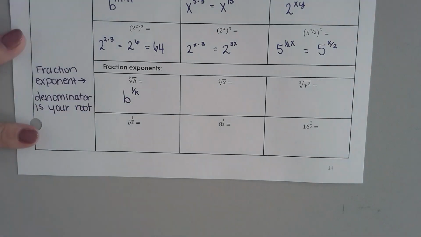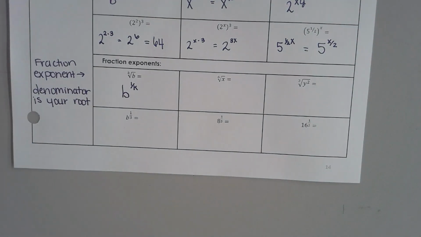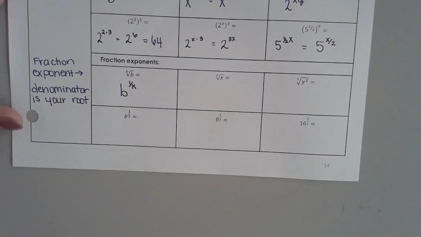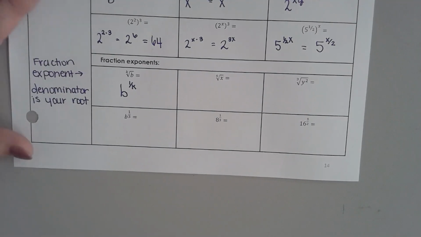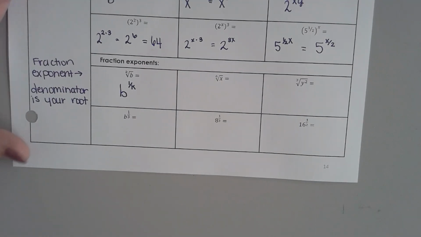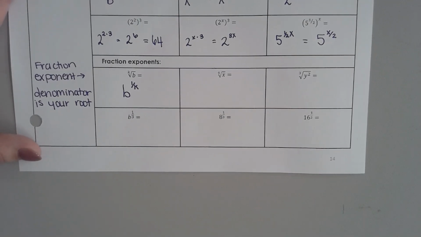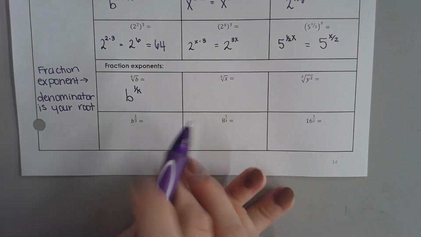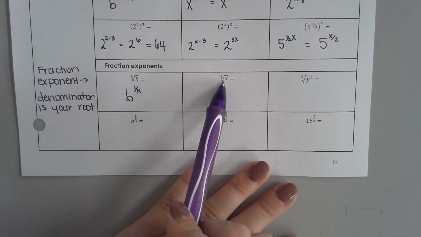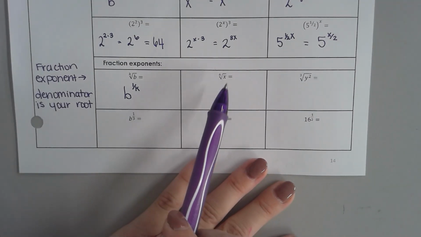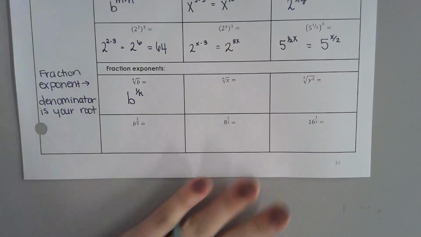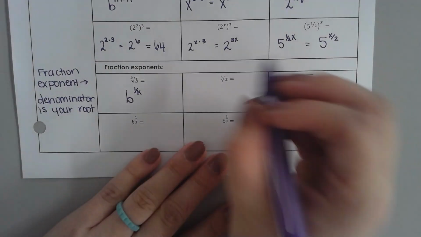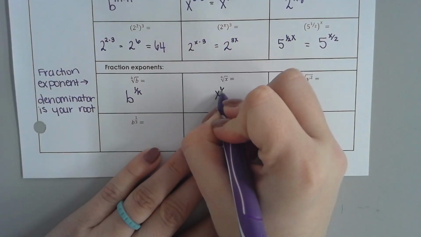So whatever the denominator is, if it's a denominator of 2, you have a square root. A denominator of 3, if your exponent's a fraction, that denominator is 3, it's a cubed root. So for example, this next one, this is the 6th root of x. That's the same thing as having x to the 1 over 6 power.